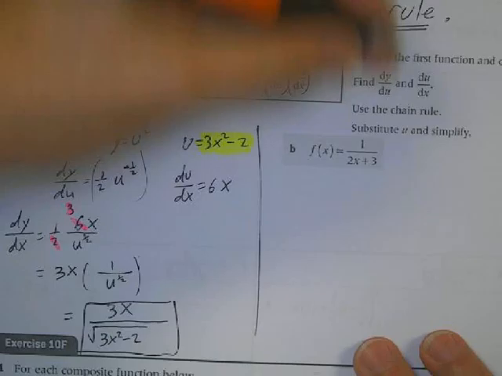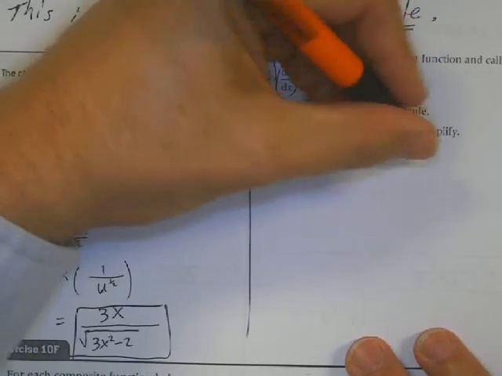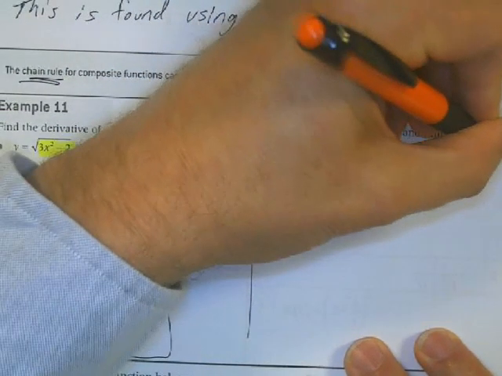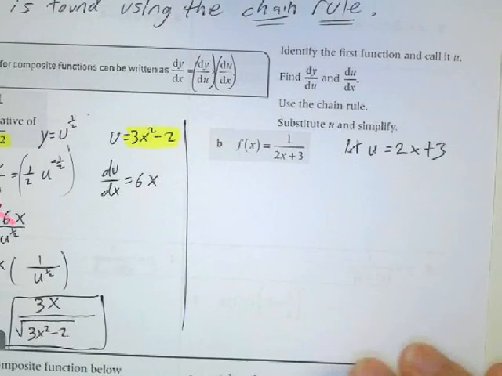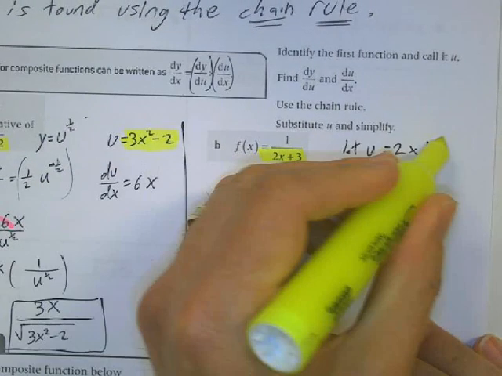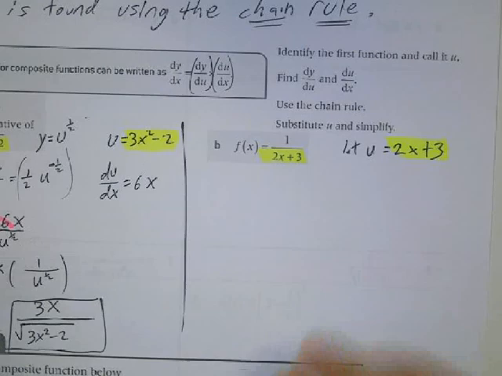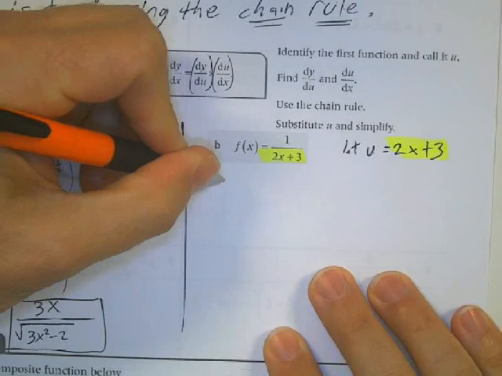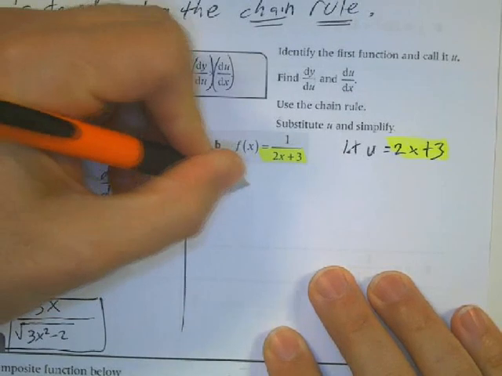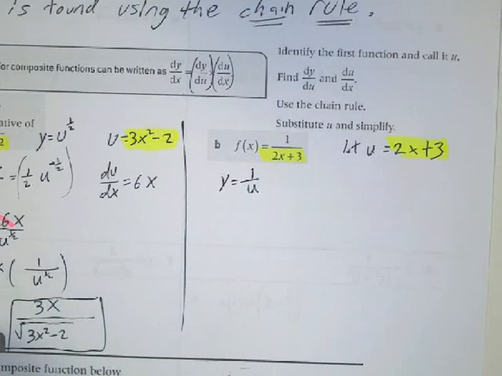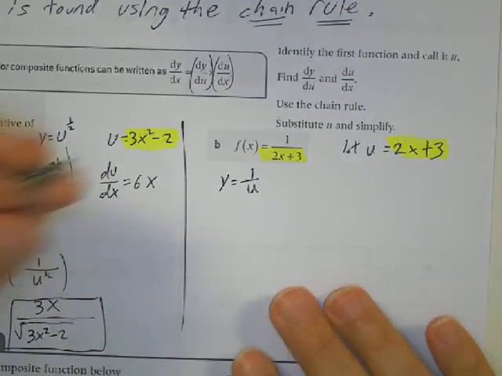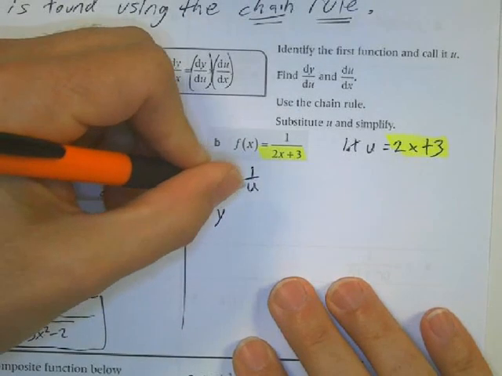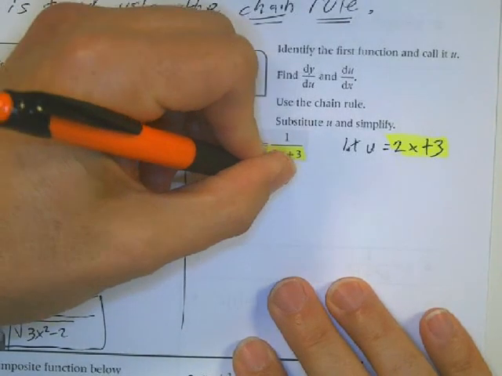Okay, so this one here, I'm going to let u equal 2x plus 3. All right. And I'm going to say y is equal to 1 over u. Okay, so this is the same thing as u to the negative 1 power, right?